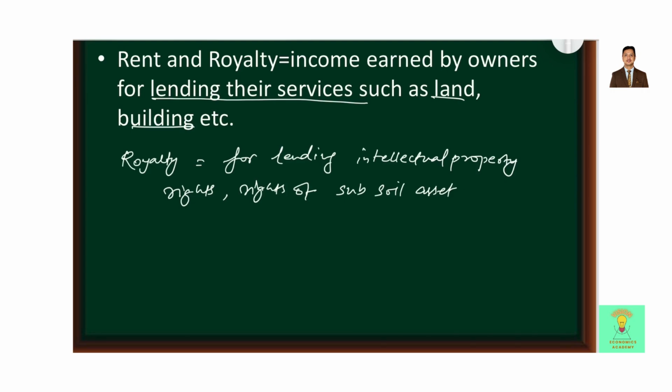If anyone wants to remix a song, they have to pay the owner of those recordings, or those old musicians, it's royalty, right? So royalty is for lending intellectual property rights. Somebody might use some famous personality's name in a movie, and they also need to pay the royalty. The songs of musicians that are played in different clubs, the clubs are earning from it, so they have to pay the royalty to the musicians as well.